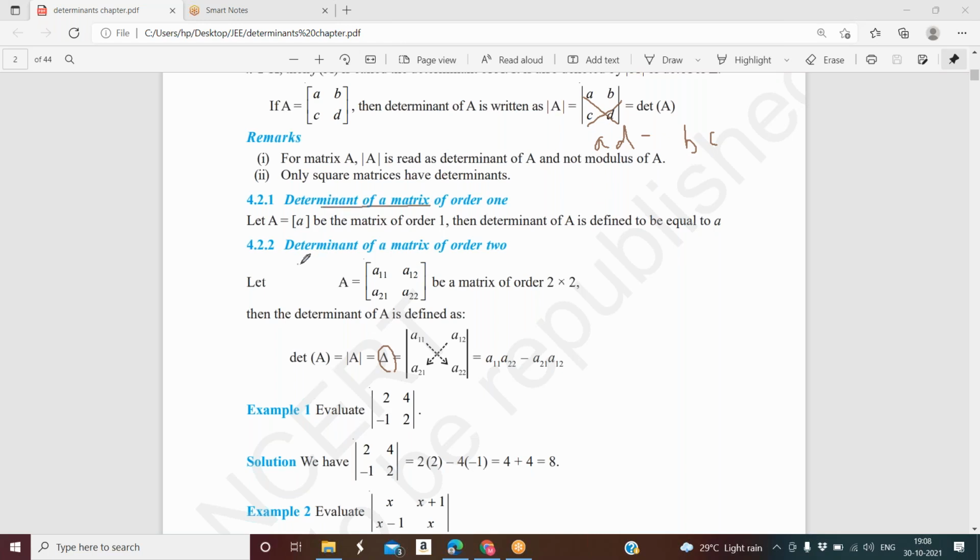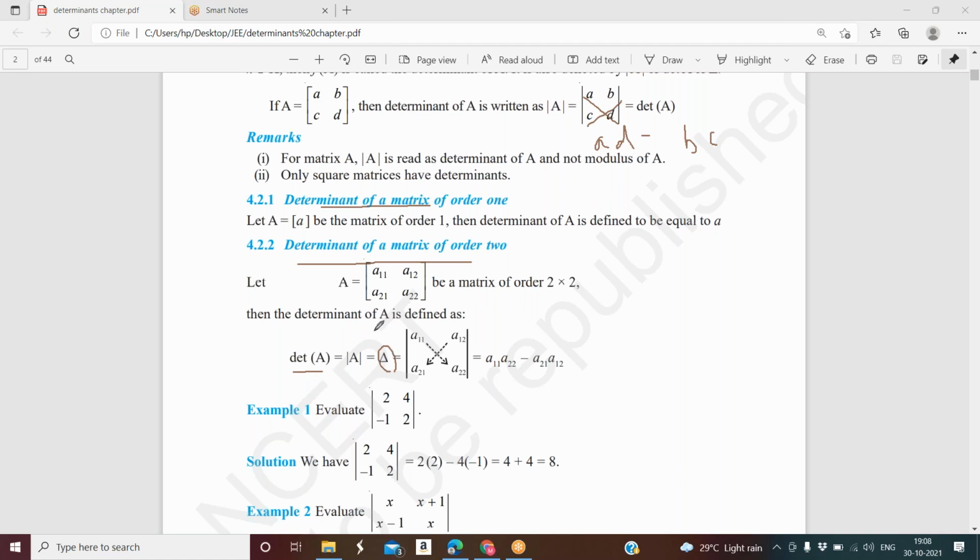Next, determinant of a matrix of order 2. Here A is a 2 by 2 matrix, A11, A12, A21, A22. Then what is the determinant of A? It is denoted by the symbol DET of A or determinant A, or delta.